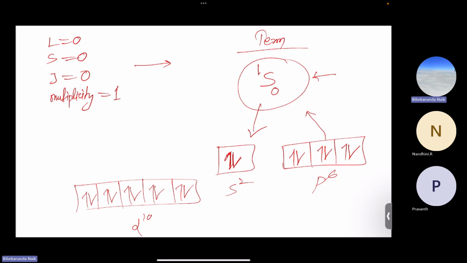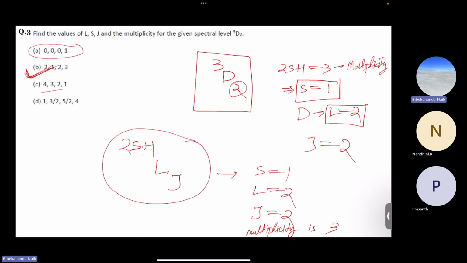Like here it is again 4, 3, 2, 1. 4 means L is 4. L 4 means it is G. Then S is 3, so 2S plus 1 will be 2 into 3 plus 1, which is 7. But here the multiplicity is 1. So this is not possible. Similarly, this option D again will not be possible.